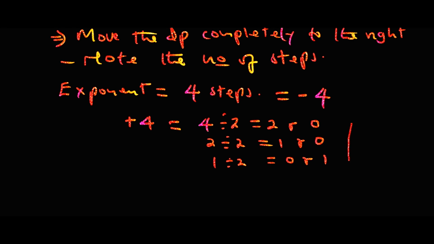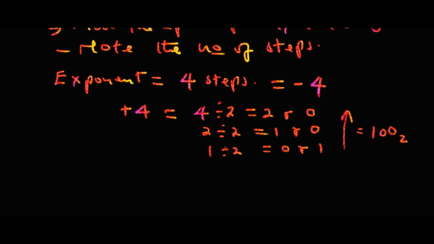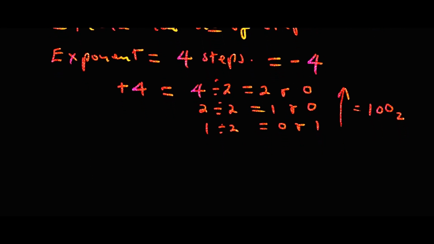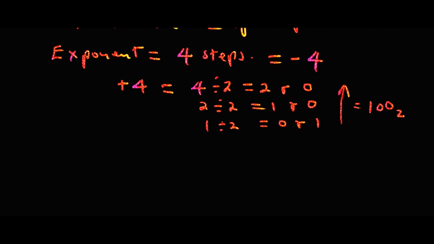Then you read these upwards so that you have 1, 0, 0 base 2. That is the positive bit. Now you top this up before you convert it to negative. You top this up to 8 bits. So what you have is 1, 0, 0 base 2.